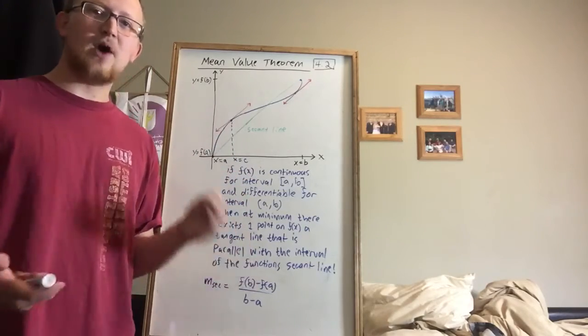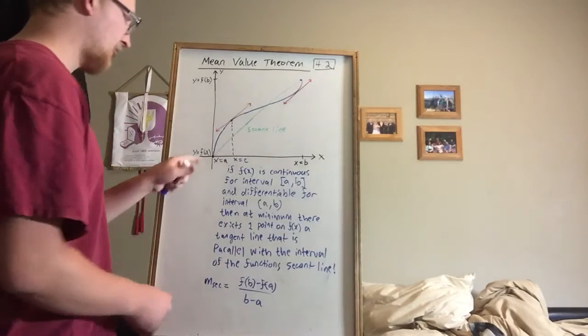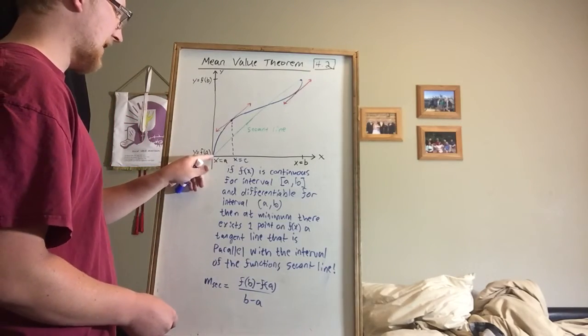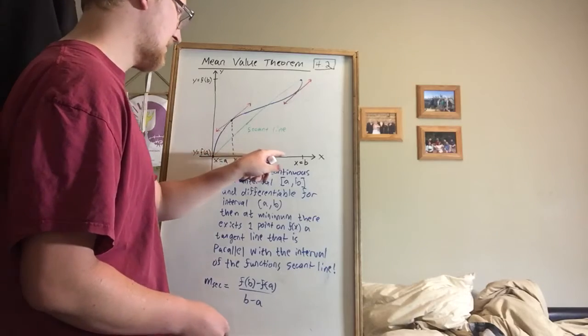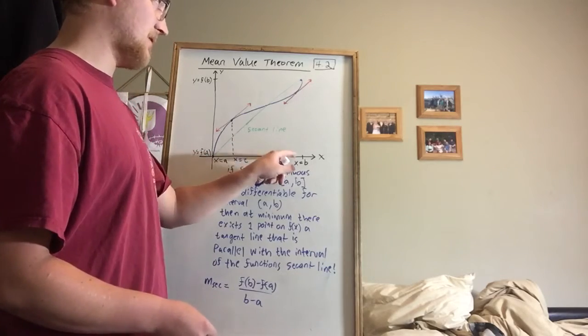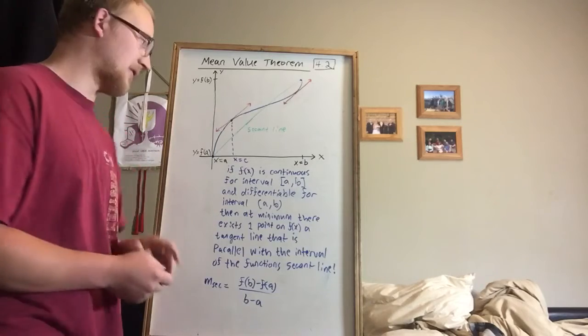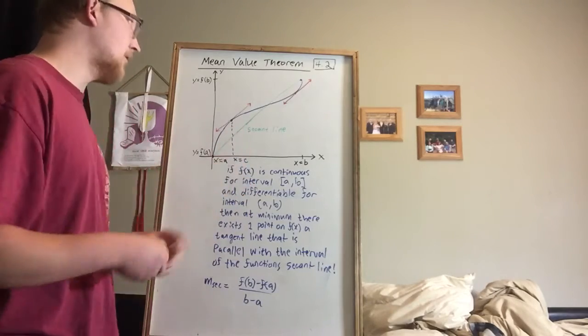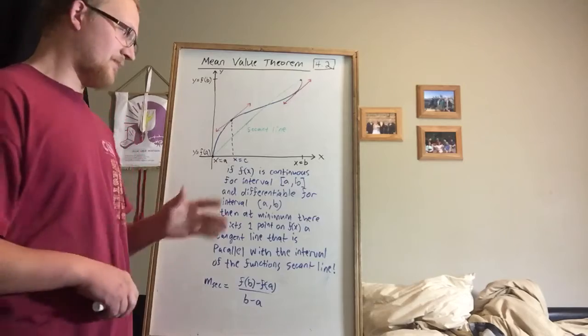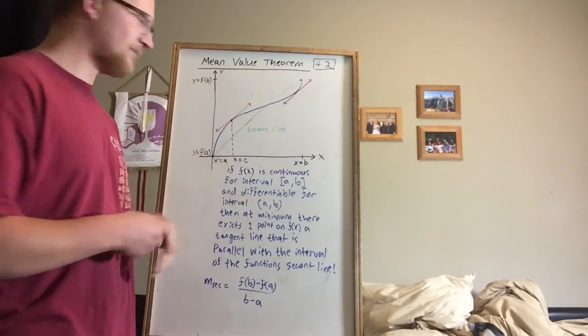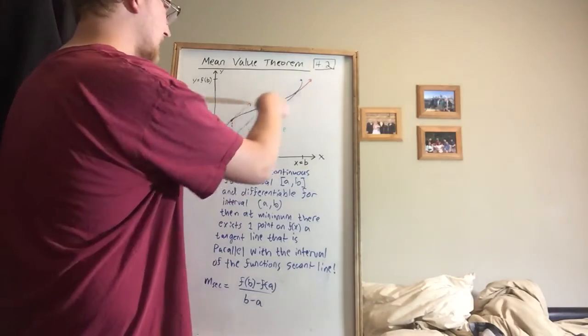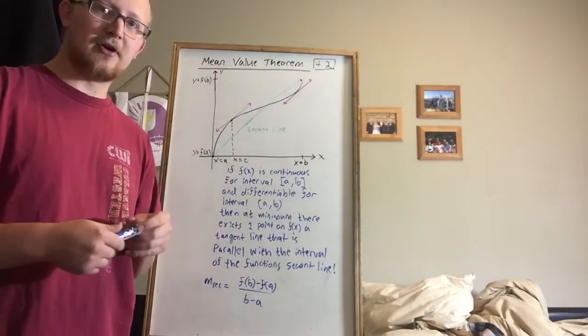And we can kind of see why it needs to be continuous. For example, if my graph could go like this to here, and then disappear here and reappear here, like a piecewise function, there would be no mean value theorem, because with the discontinuity, there's no guarantee that you're going to have a nice smooth curve.